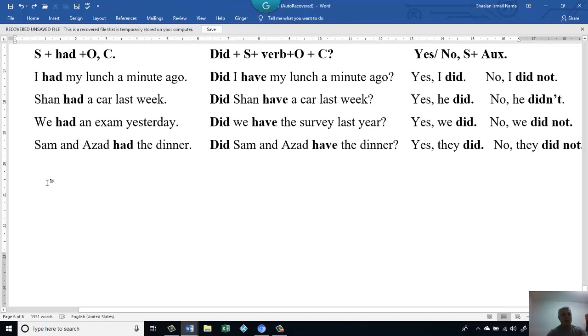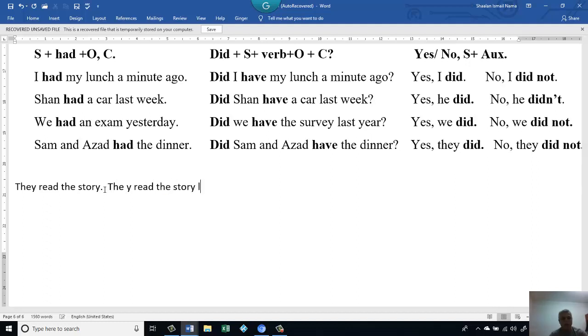Let's do a quick review. For example, I have this sentence, they read the story. I want to make it simple past, because maybe I get confused at this read. Is it in the past or in the present time? To make it easy, there are two solutions. I could say they read the story last night.